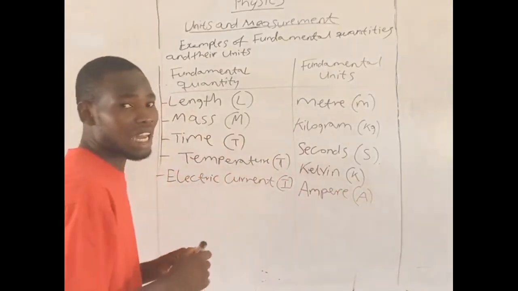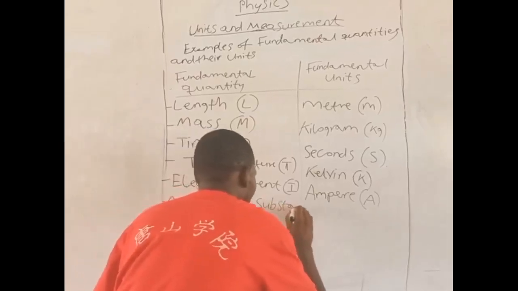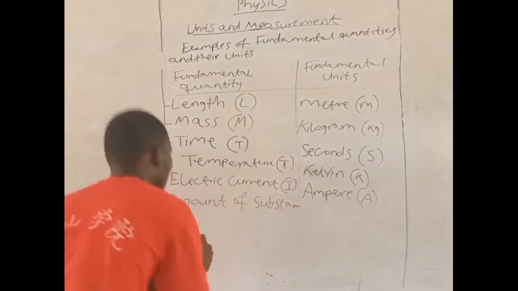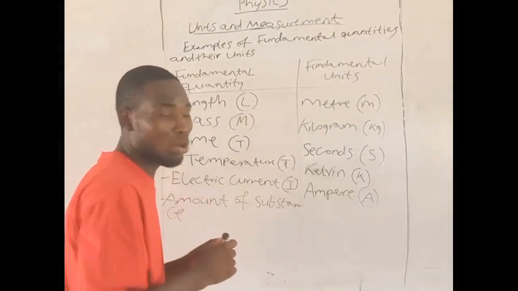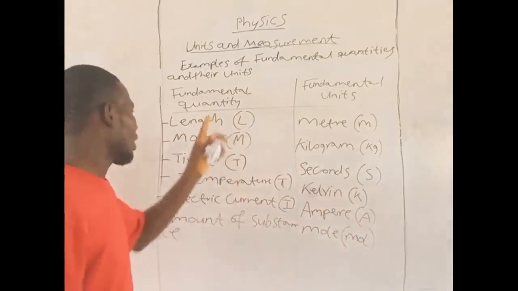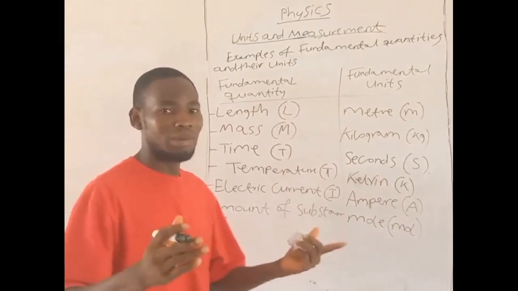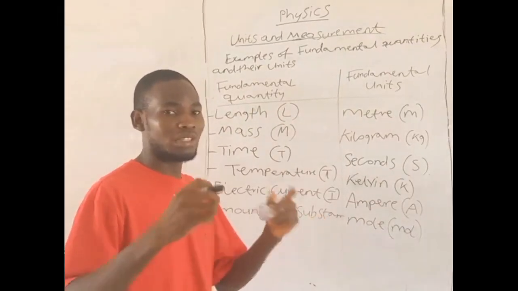Another is amount of substance, and the unit of amount of substance is mole. These are examples of the fundamental quantities and their units. Let's talk about the examples of the derived quantities and their units.